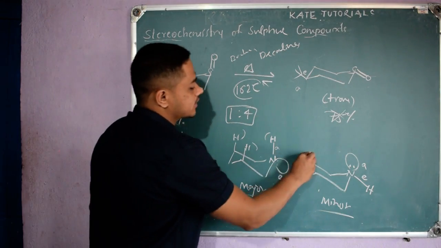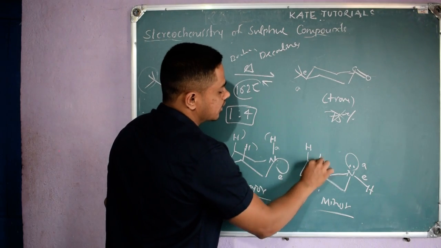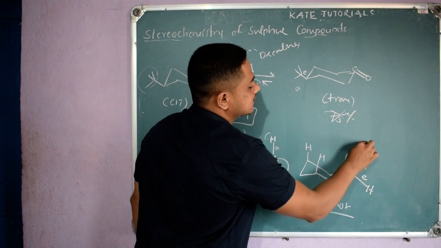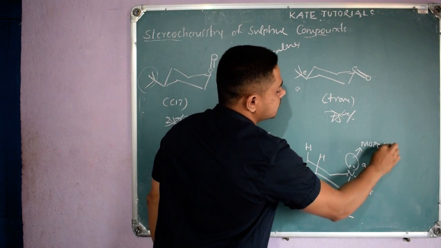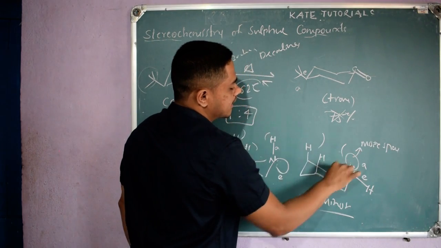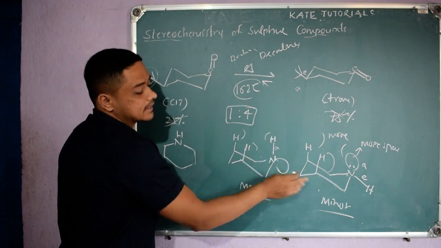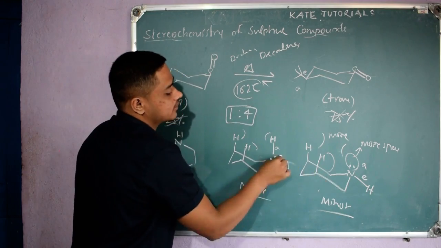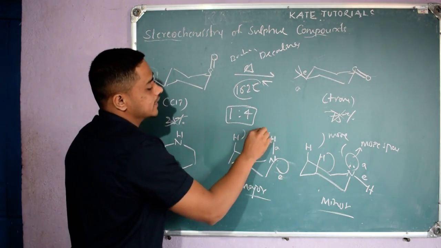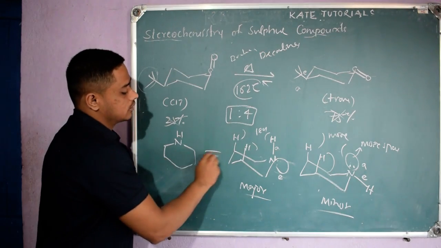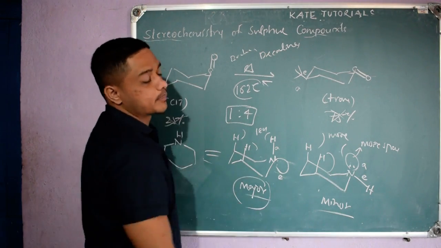Whereas here, I have hydrogen, no doubt, but here I have a lone pair. This lone pair occupies more space. So the repulsion will be more here. Whereas here the lone pair is in equatorial position, which is away like this. So here repulsion will be less. So this will be the stable structure of this molecule. So this will be major and that will be minor, right?